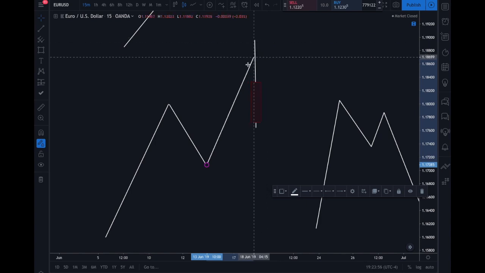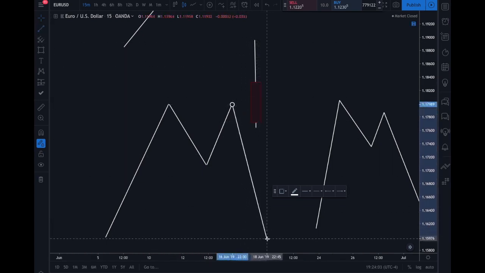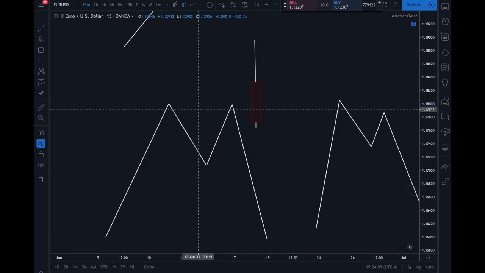But they're not. They come all the way back down, and then on the next candle, they immediately drop. And once they have enough traders trapped, it's over. They're not coming back. They're not coming back for it, guys.